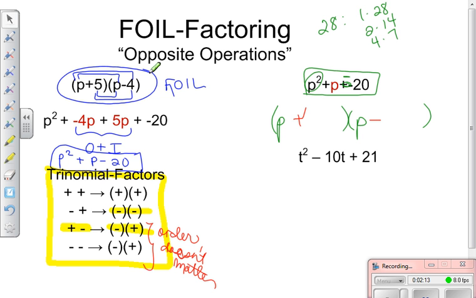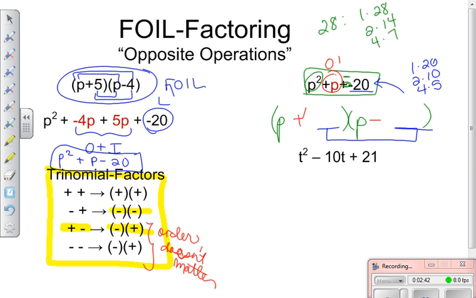Now, understanding how this came from, where did 20 come from? 20 is my last. So these last two numbers have to multiply together to make 20. So what are the factors of 20? So trial and error, we would go ahead and we would put each of those factors in here and see then, where does 1p come from?